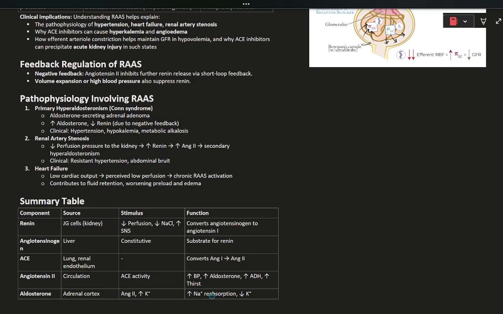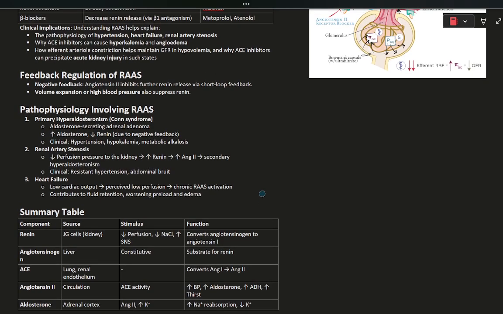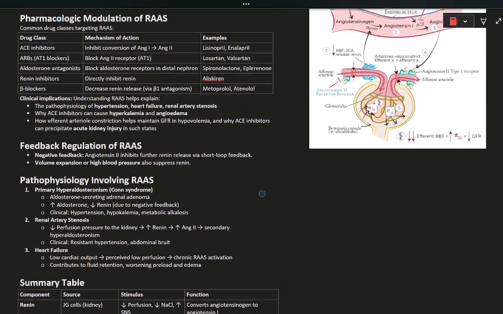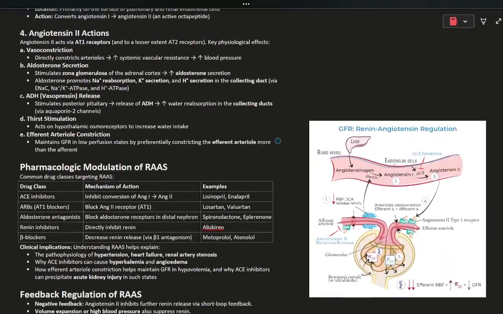And aldosterone will lead to increased sodium reabsorption and decreased potassium. Increased sodium reabsorption and then decreased levels of potassium in the serum. In other words, there's going to be increased potassium secretion. So, that is basically it regarding the RAAS system.